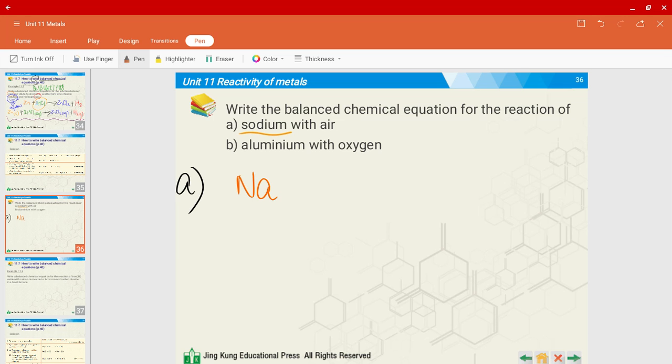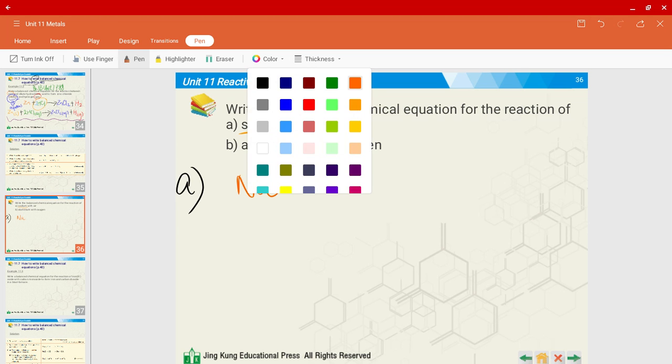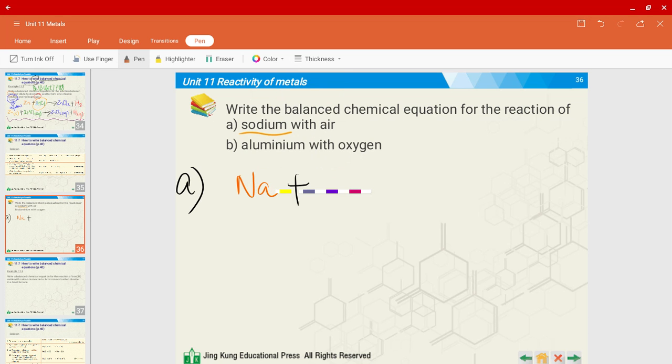Okay, this reacts with oxygen to form what? So I know this is a plus because it reacts with air, which is oxygen, as I mentioned just now, O2. And what does it form? The question doesn't state any product. So how do I know?